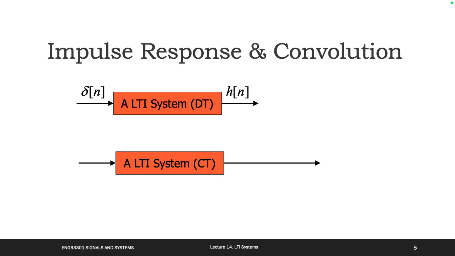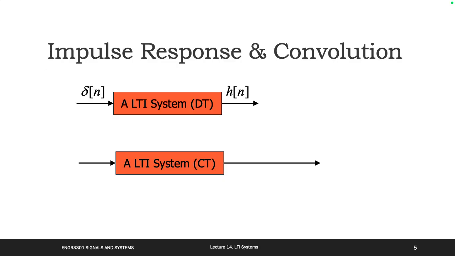For example, a LTI system is y[n] equals 2x[n]. Which means your h[n] equals what? This is your input, this is your output. When your input is delta[n], your output is what? 2 delta[n].